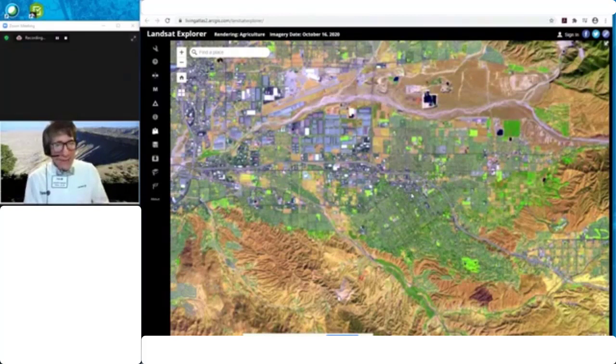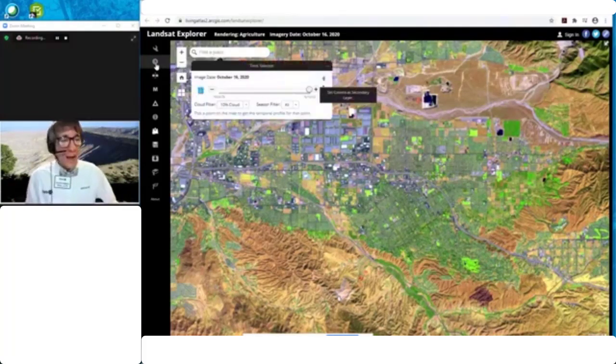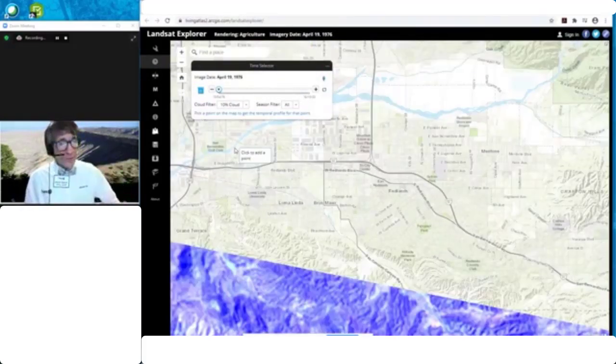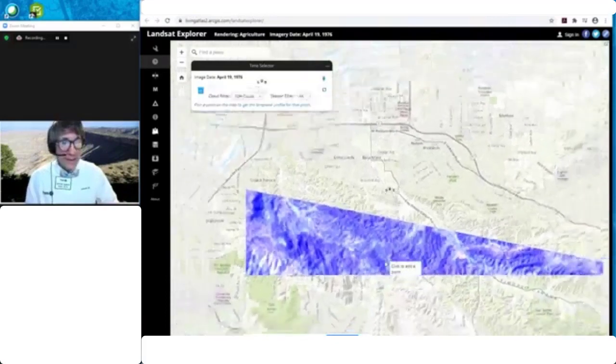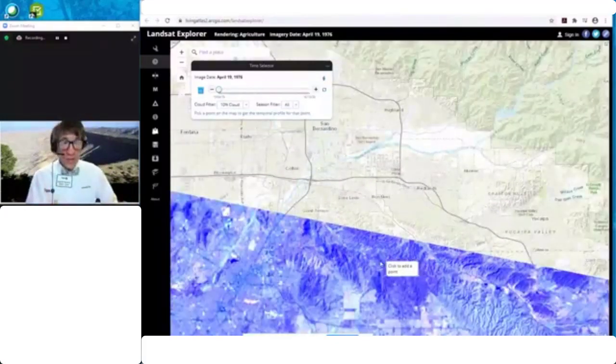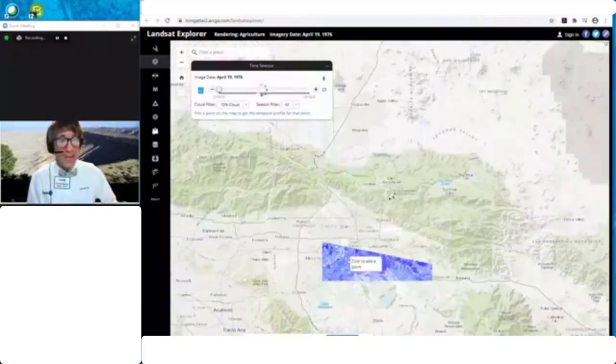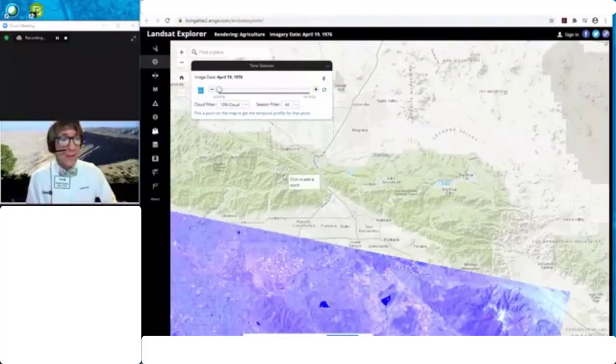Looking at the Landsat data, which, as you probably know, is terabyte loads per hour coming in from the Landsat satellites. And we have a record going back to 1975-ish with the Landsat data. So you can look at all sorts of information way back when and see how things have changed. So it's a great tool for looking at our changing planet. Okay, so it's the Landsat Explorer.